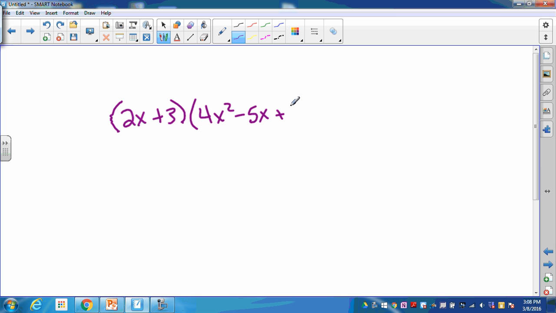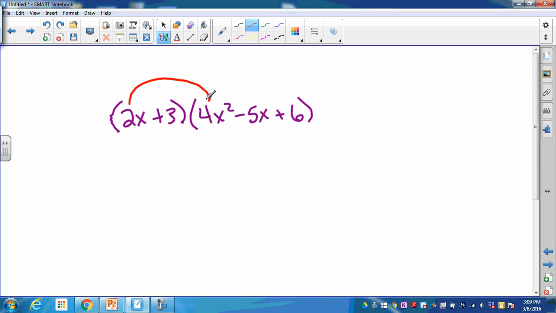That might make life a little easier. Okay, so again, now we want to do the distributive property. So we're going to distribute and multiply everything in the second set of parentheses by everything in the first set of parentheses. So I'm going to change my color here, and I'm going to multiply everything by 2x.